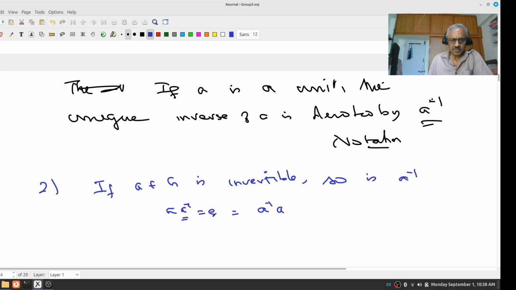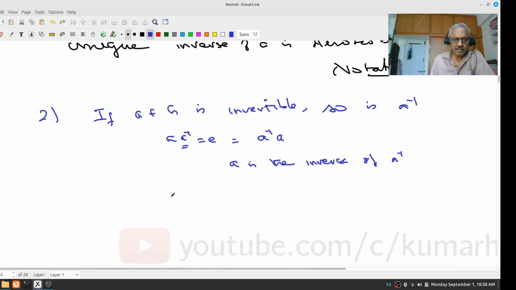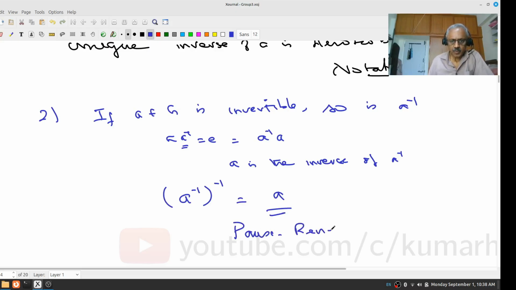A times A inverse is identity, and A inverse times A is identity. Therefore, this says that A is an inverse of A inverse, but inverses are unique. Therefore, it is the inverse of A inverse. So notationally, we get that the inverse of A inverse is A.